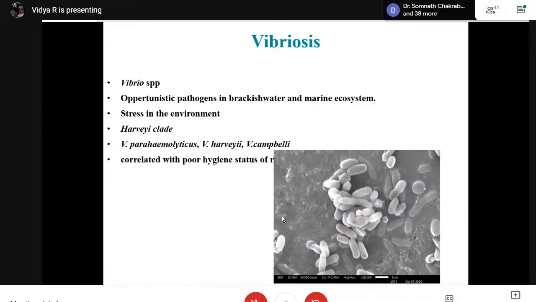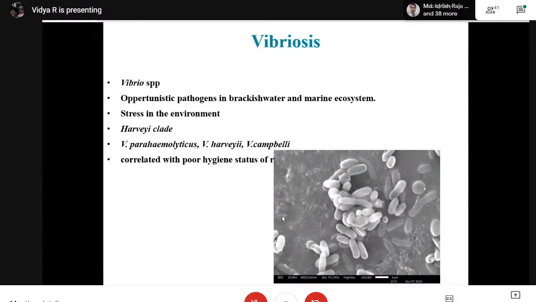Coming to the major disease-causing bacteria, Vibrio is an opportunistic pathogen, which only invades when the animal is stressed. Otherwise, vibrios are very safe along with the host. Once the stressors set in, the vibrios also develop in enormous numbers and cause different types of symptoms in the animals.